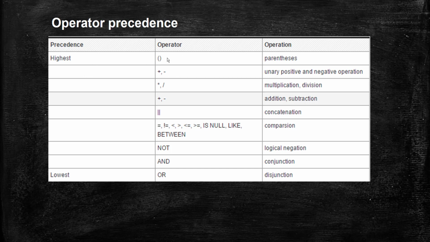The highest priority is for the brackets, parentheses, and the lowest is OR. If you observe, AND is higher than OR. That's why the AND operator ran first, then OR came into the picture. To nullify this AND priority, we used parentheses on OR, so OR came to top priority over AND. So when you are joining multiple operators in a WHERE clause, you need to remember this precedence chart.